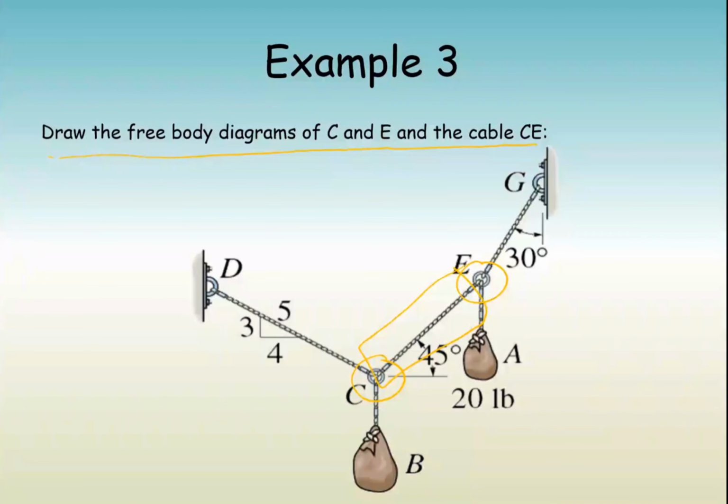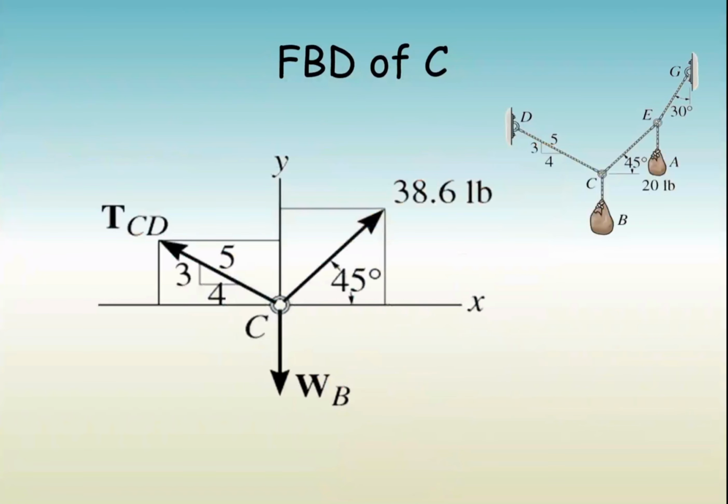So the very first thing is the diagram of C. So this is C. Cut it off from the surrounding. You can clearly see if I cut this off, this one seems like an active force and those seem like reactive forces. So free-body diagram of C: cut it off from the surrounding and this is what you get.